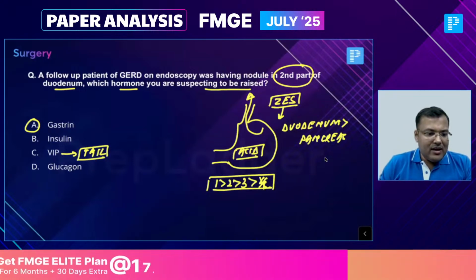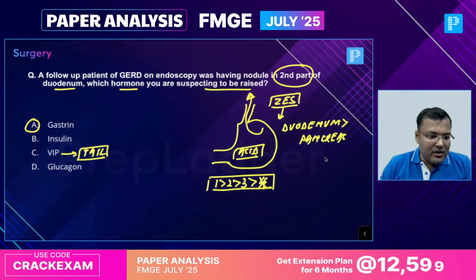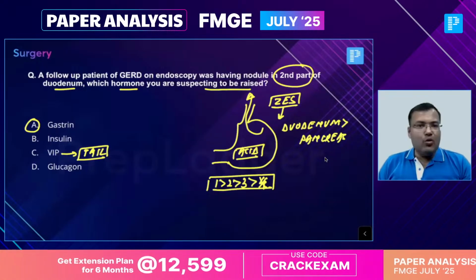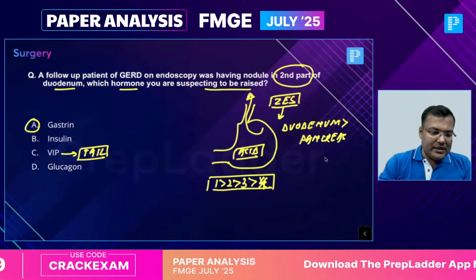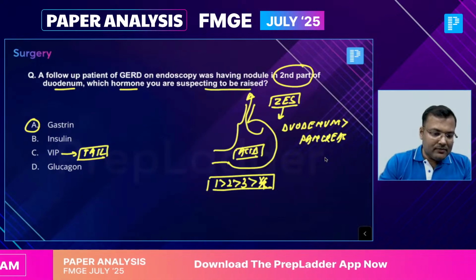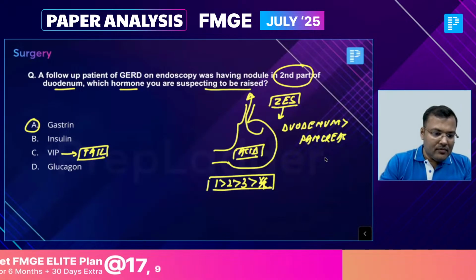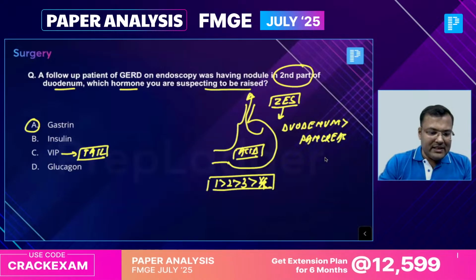And suppose it is glucagonoma. Can anybody tell me the most common site of glucagonoma? Guys, glucagonoma, what is the most common site? It's an easy question.